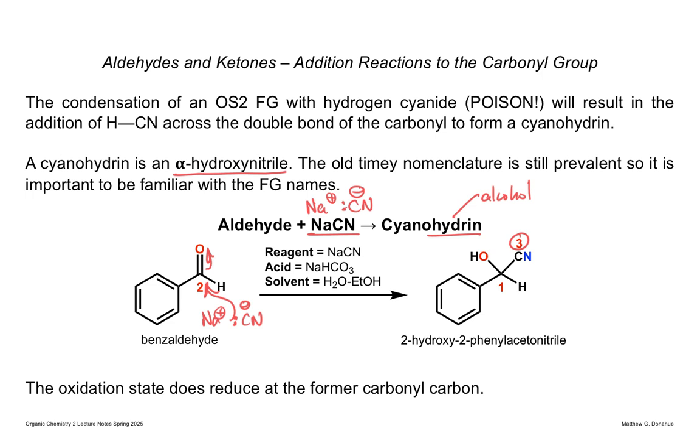And so that is functionally equivalent to a carboxylic acid at the same oxidation state. So you can transform the nitrile into the acid. And the basis for that, we'll see in a couple slides, is pretty important.